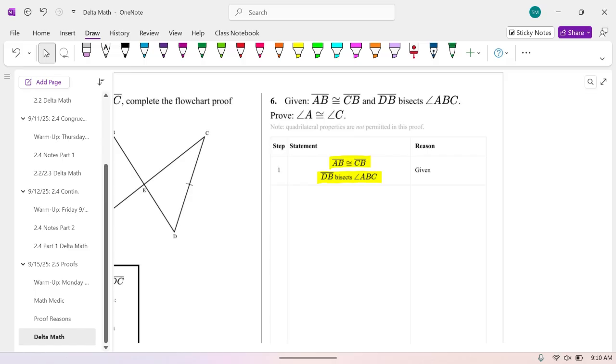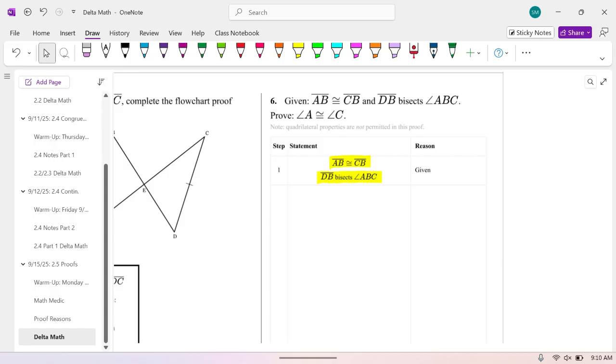So think about the flow chart. We have our flow chart. We said that AB is congruent to CB. That was a given. We have that DB bisects ABC. And again, they're given.